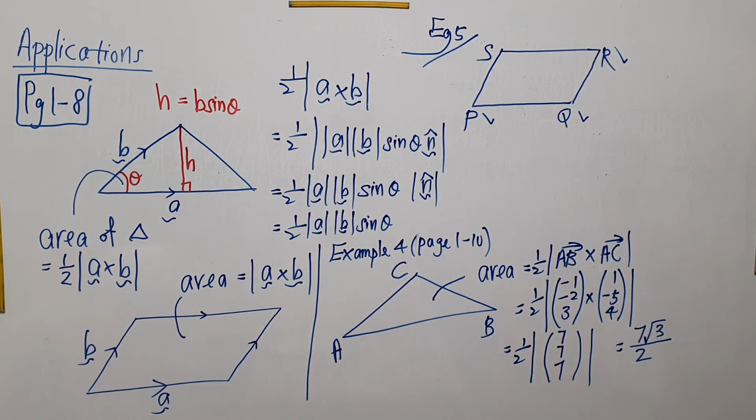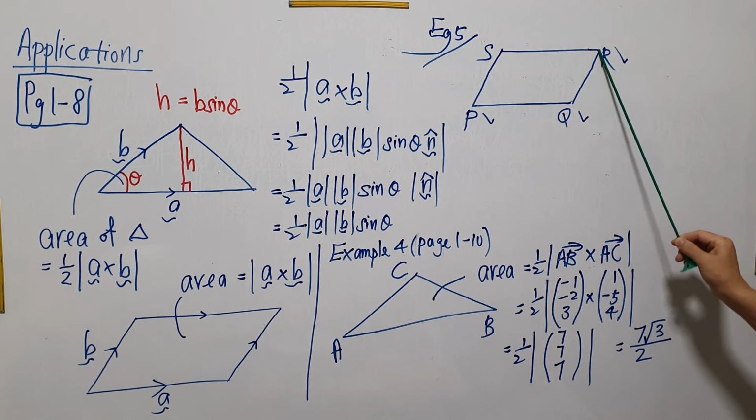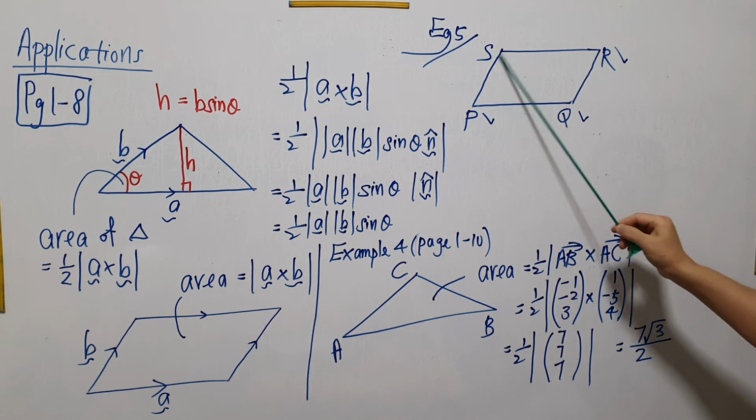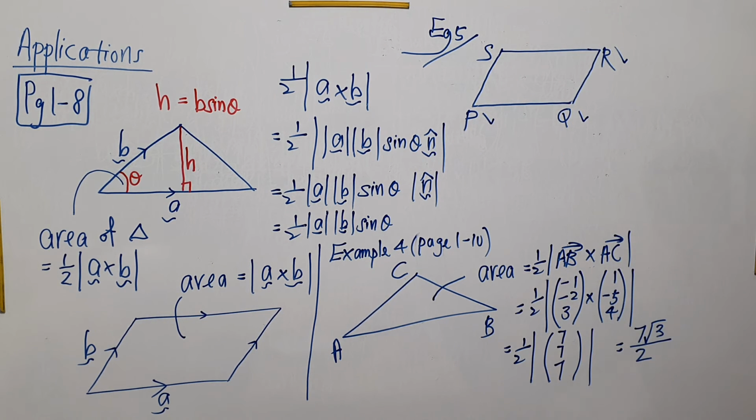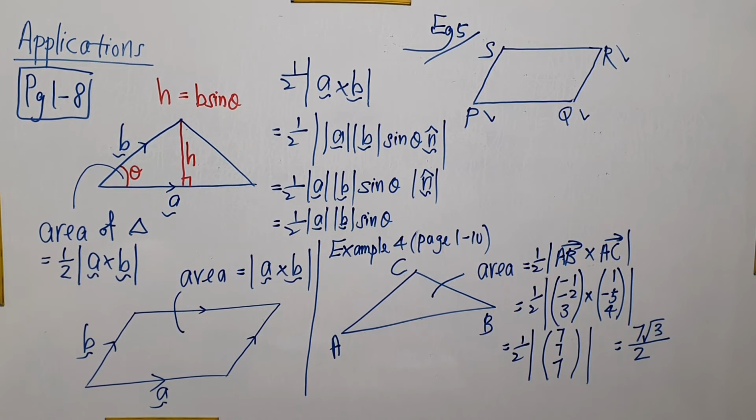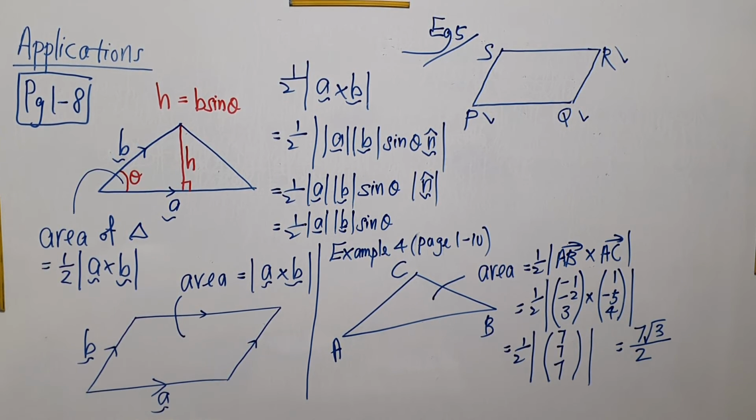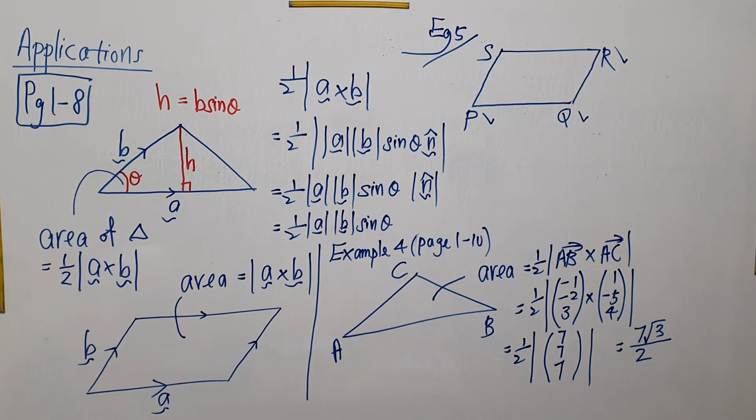In a parallelogram, it is known that the midpoint of PR and the midpoint of QS are the same. So if the two midpoints are the same, we can make use of this fact to try to find the point S. But firstly, how do you find the midpoint of 2 points? What is the midpoint of PR?